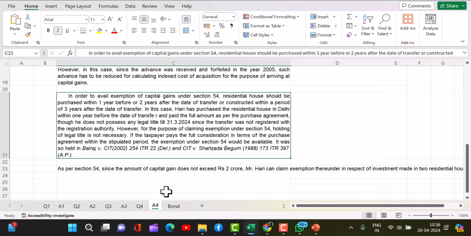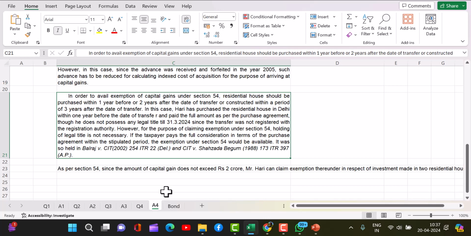In this case, Hari has purchased the residential house in Delhi within 1 year before the date of transfer and paid the full amount as per the purchase agreement. Though he does not possess any legal title till 31st March 2024, since the transfer was not registered with the registration authority, however, for the purpose of claiming exemption under Section 54, holding of legal title is not necessary if the taxpayer pays the full consideration in terms of the purchase agreement within the stipulated period.